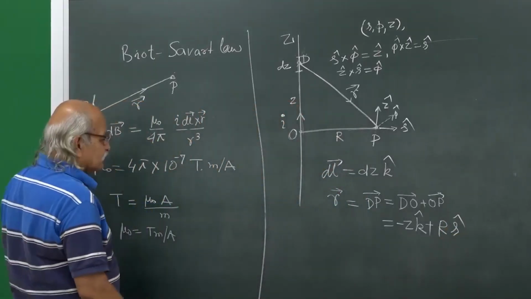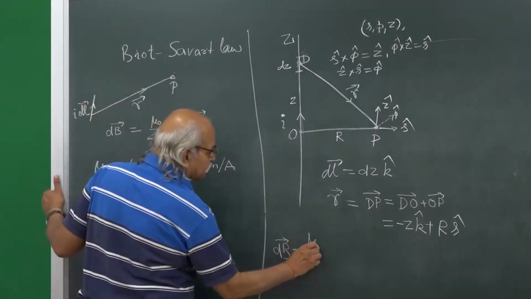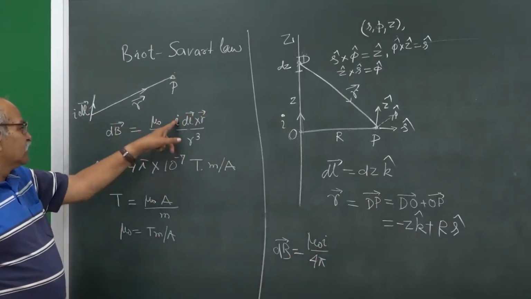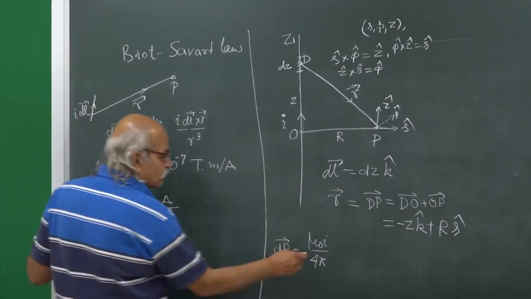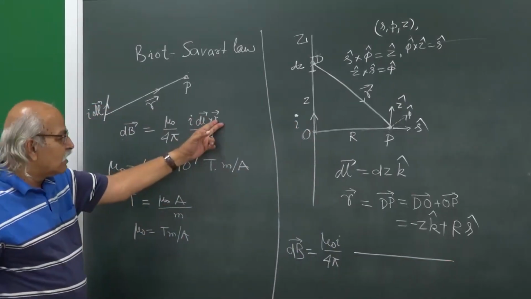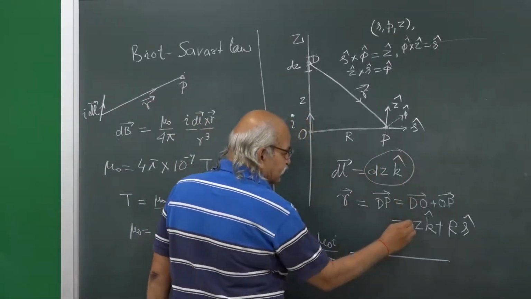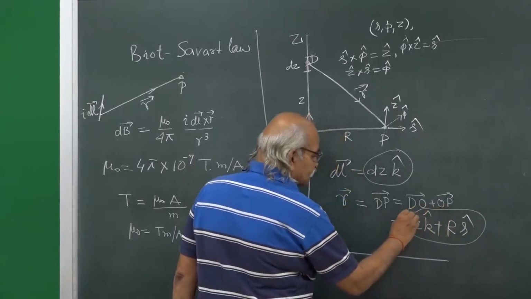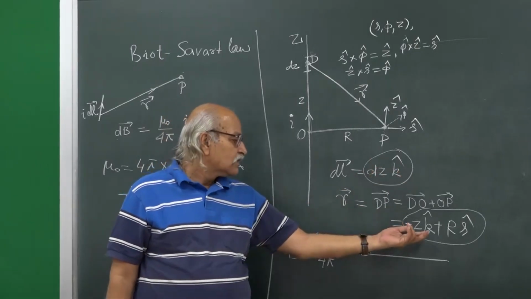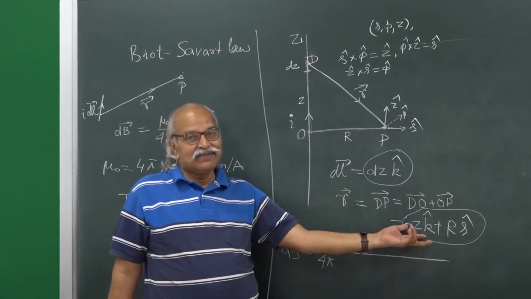Now, calculate dB. dB vector is mu naught I by 4 pi, then dl vector cross r vector. Here is dl vector and here is r vector. So dz k cap cross minus z k cap is 0. k cap cross k cap is 0.